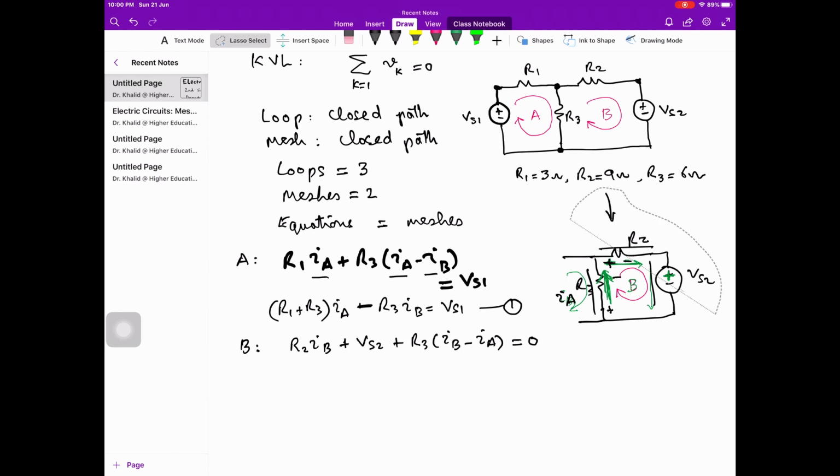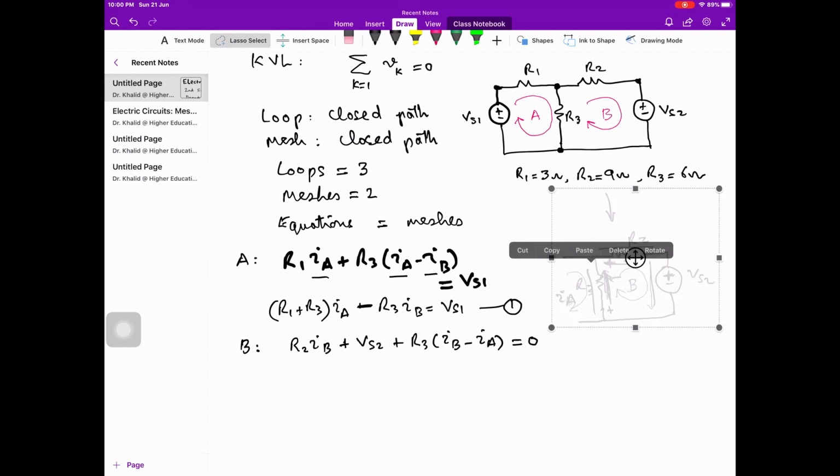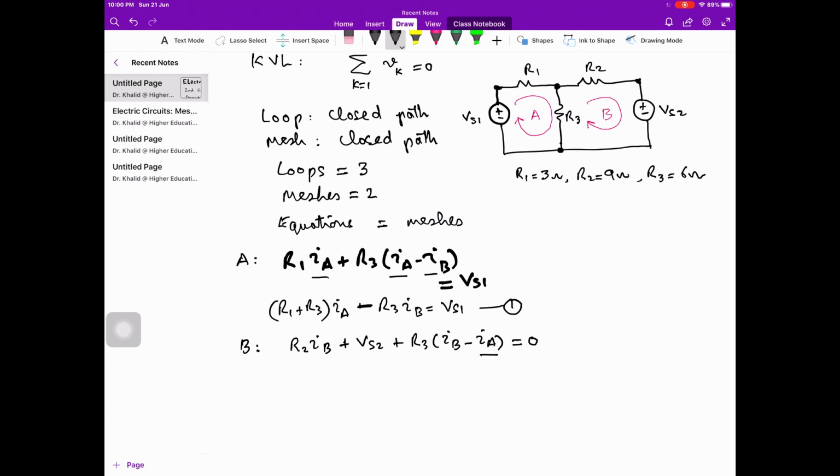And now deleting this, we can rewrite the second equation by combining coefficients of IA and IB. This is IA, so this is minus R3 IA, and then IB, this is IB and this is IB, so this is plus R2 plus R3 IB.